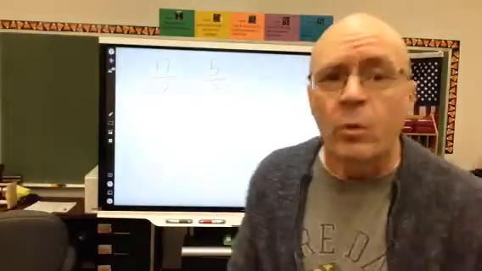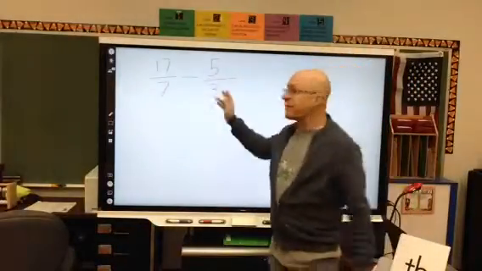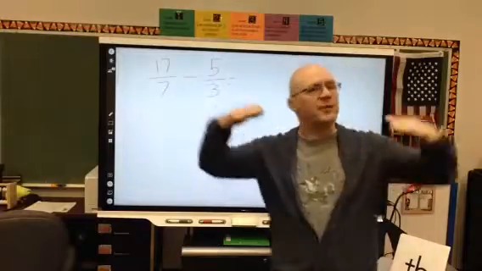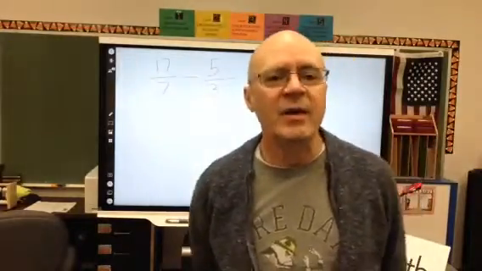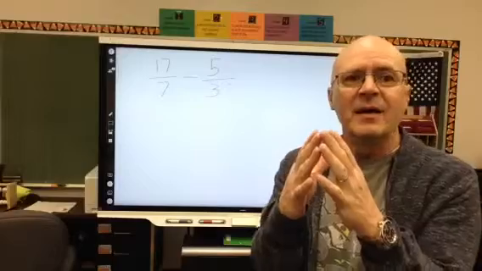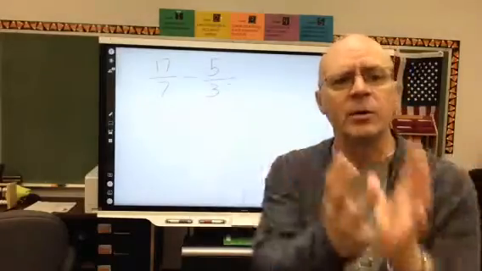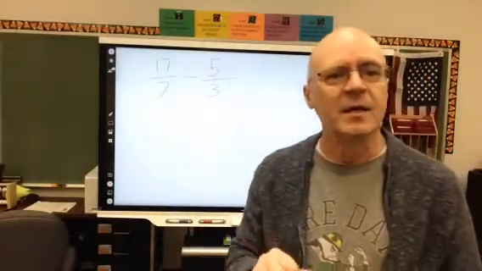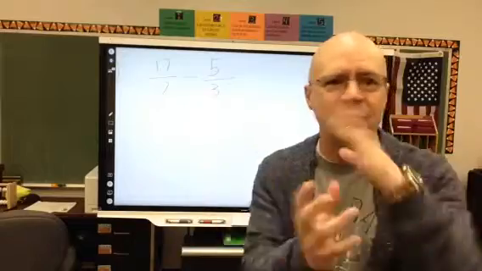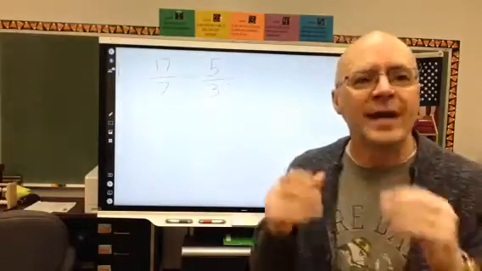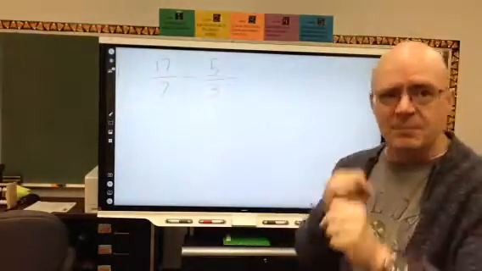When we talk about sevens and thirds, we're talking about pieces that are different sizes, right? If we got something divided into 7 and the same thing divided into thirds, those pieces are going to be different sizes. We can't add and subtract those together. They're not the same. We've got to get them to be the same, then we can add and subtract them.